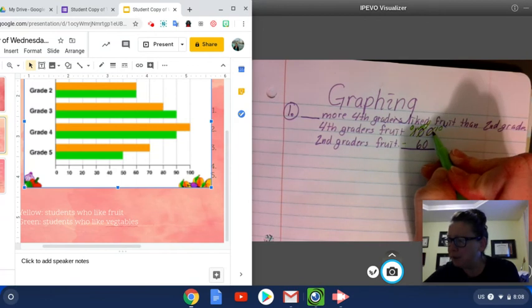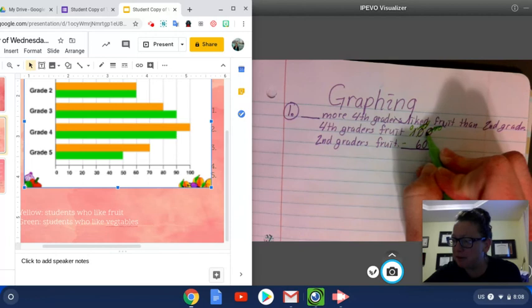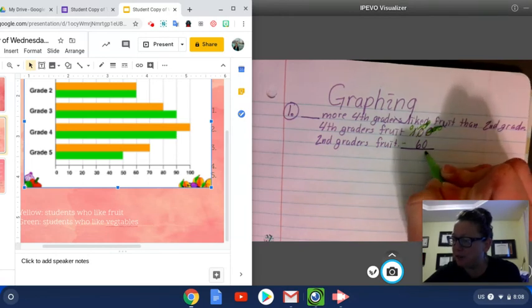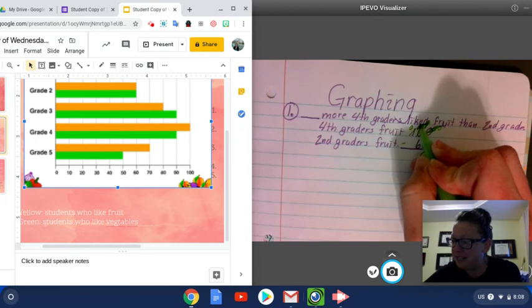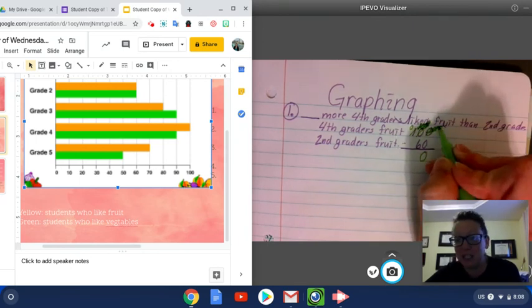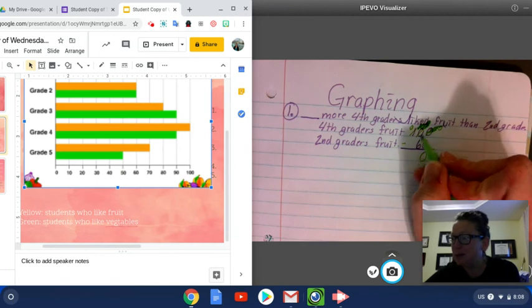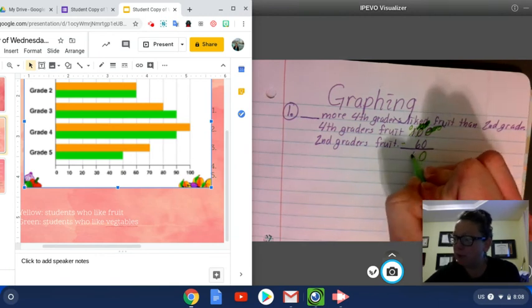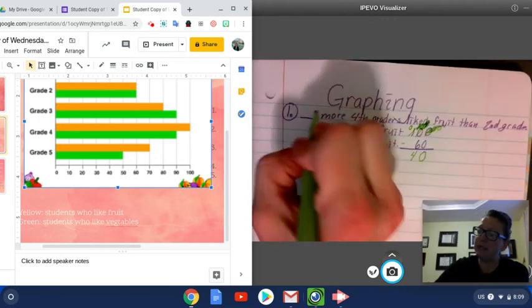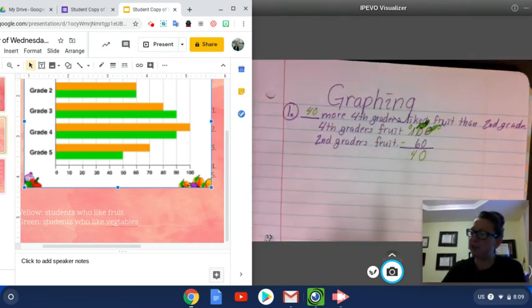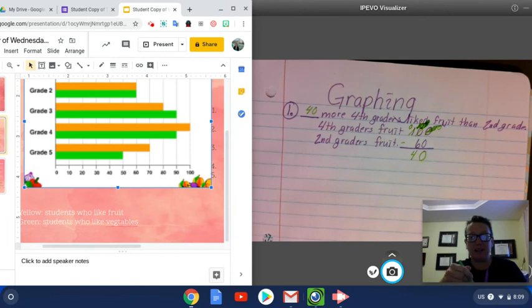Oh, but we don't need to go over here, do we? Because I can do 0 minus 0, so I didn't need to do that. So 0 minus 0 is 0. Now, this stays as 10 because remember, I didn't actually need any ones. So 10 minus 6 is 4. So then 40 more fourth graders like fruit than second graders.